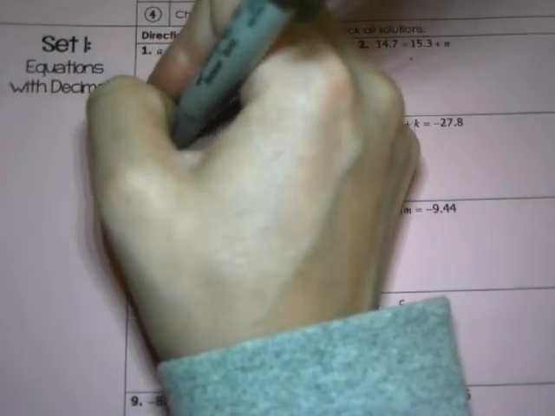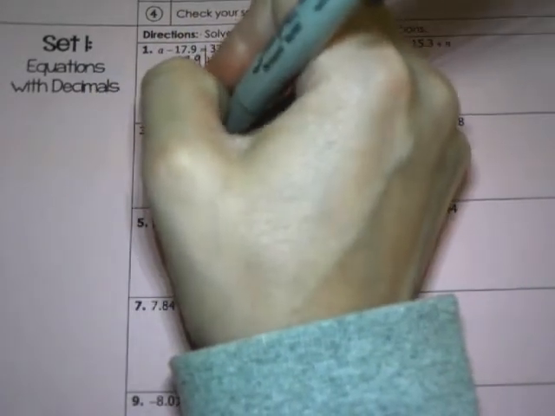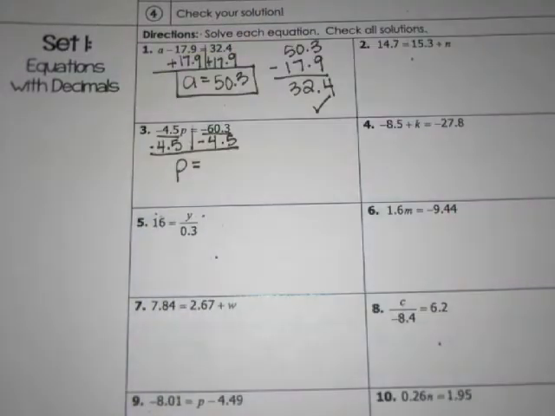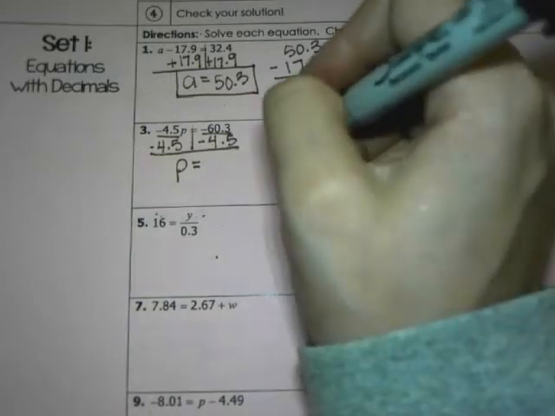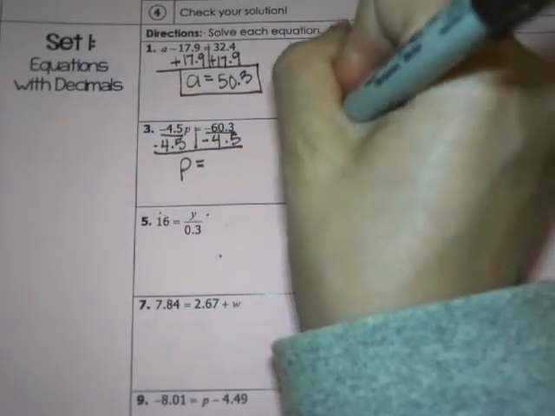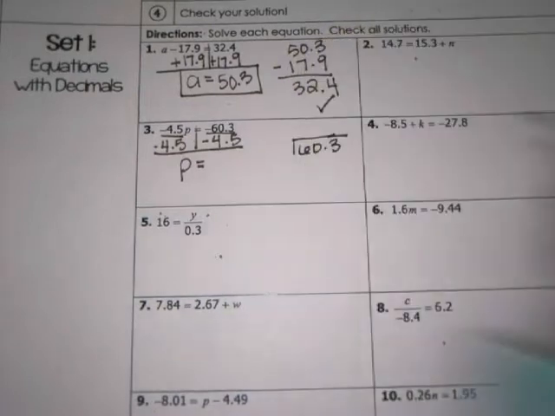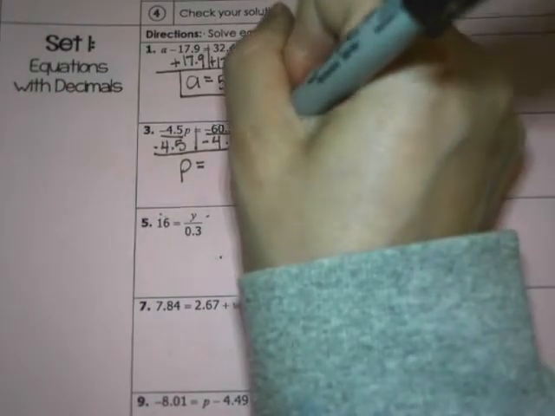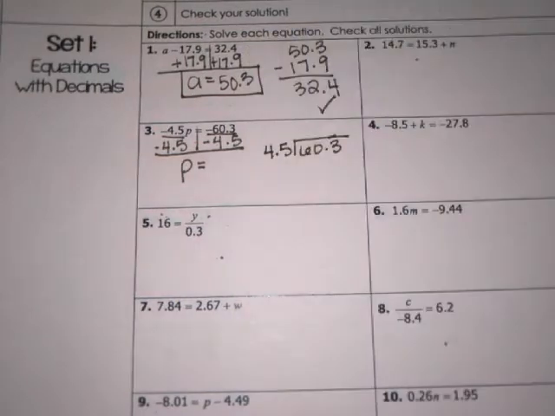Good, negative. Make sure you take that negative with every single time we multiply or divide. So in this case, we are dividing. Remind me, guys, what number goes into the house? What number goes inside? Top or bottom? So 60.3 goes inside because it's on top. I'm dividing by 4.5.